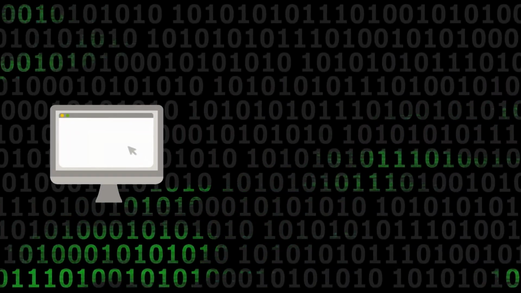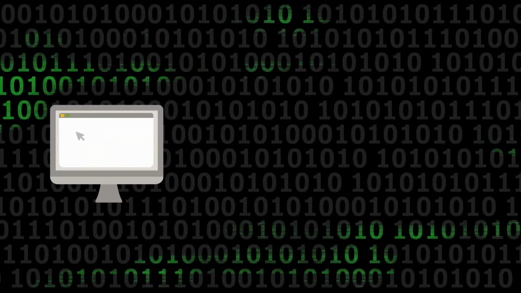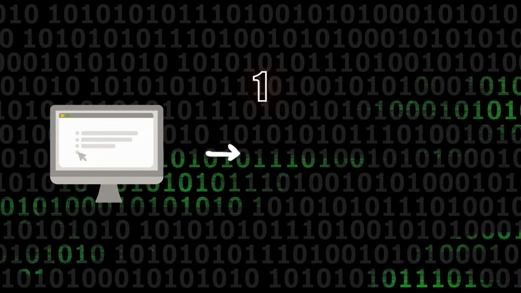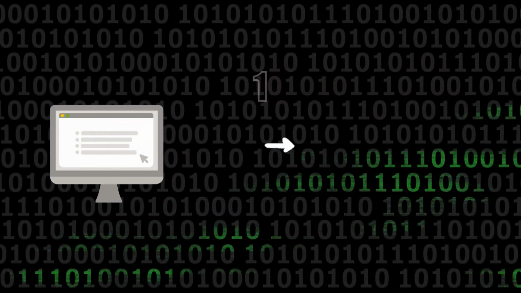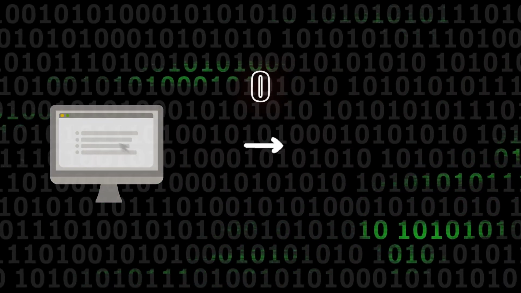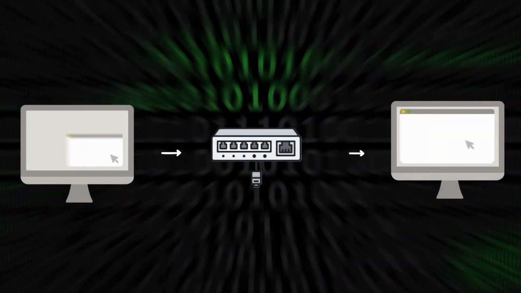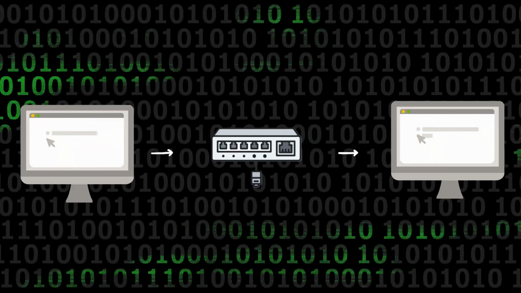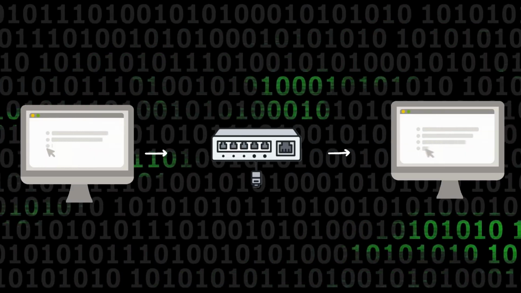The PC here will send out electrical pulses. A high voltage pulse is 1 and a low voltage pulse is 0. The switch passes the data to the correct receiver on the other end and then converts these signals into data.